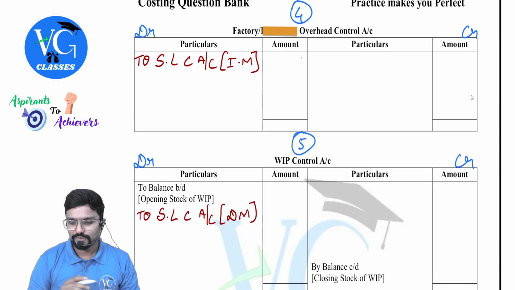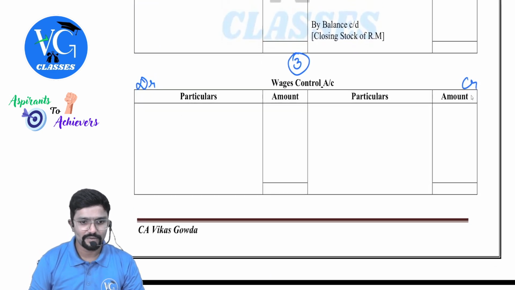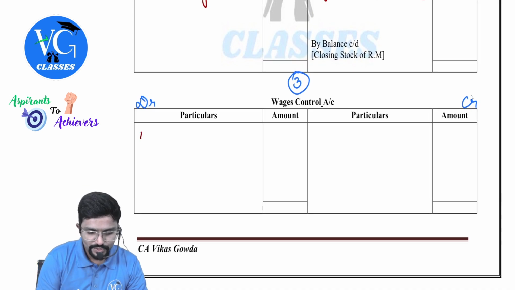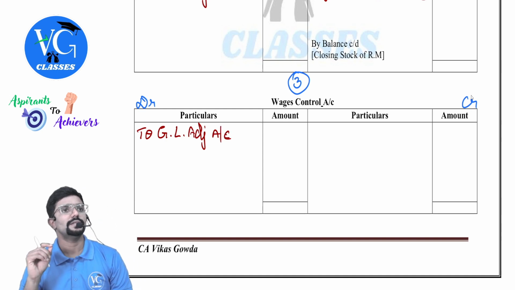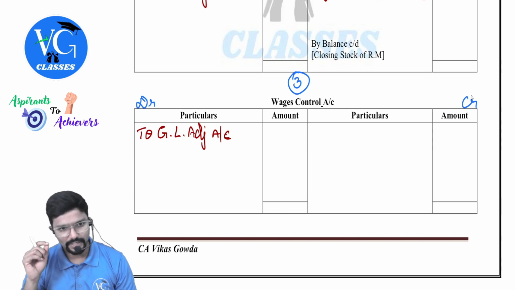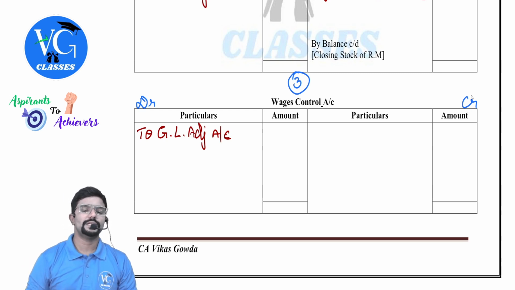Come to the accounts: wages control account and general ledger adjustment account.